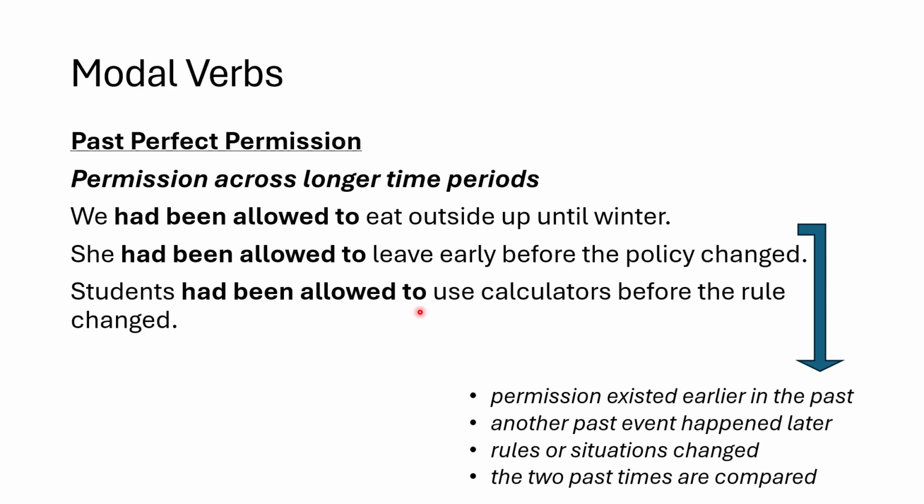Students had been allowed to use calculators before the rule changed. In these sentences, permission existed earlier in the past, another past event happened later, rules or situations changed, and the two past times are compared.